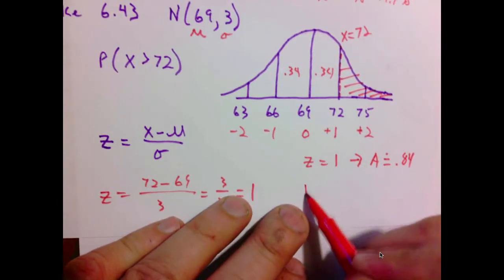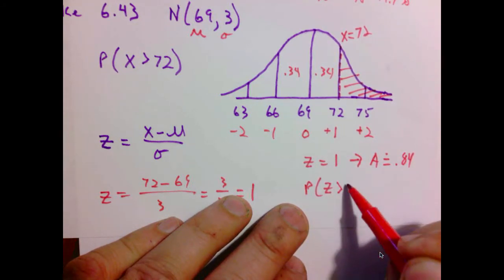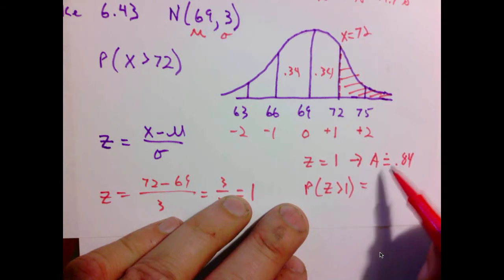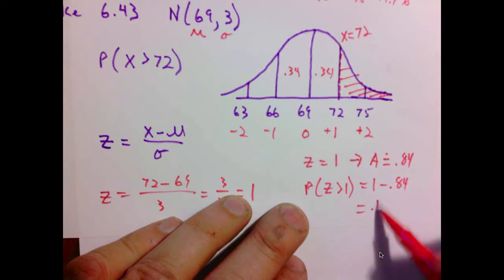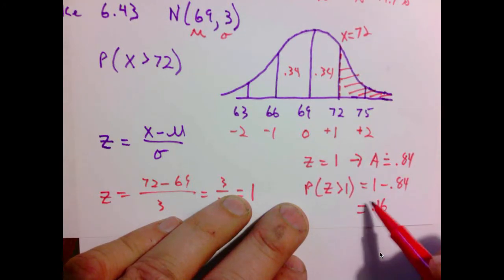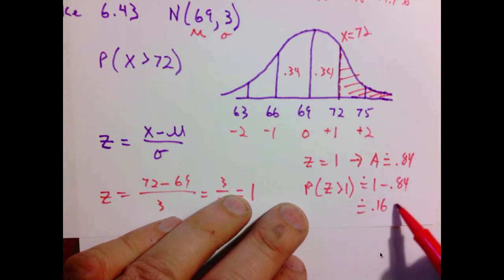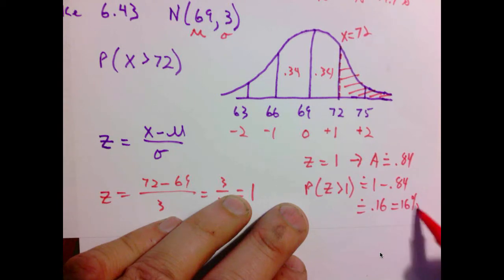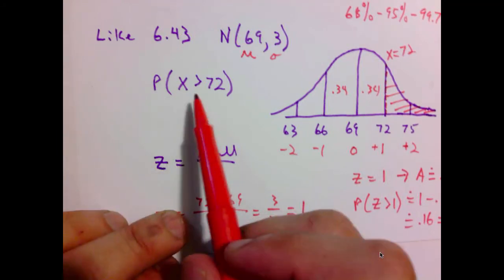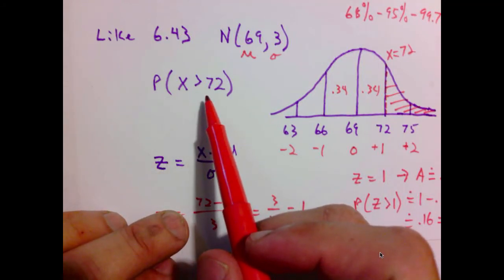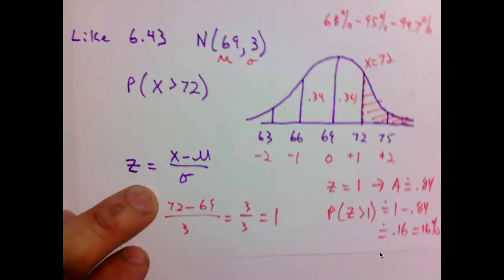Thus, the probability that Z would be greater than 1 equals 1 minus 0.84, which is approximately 0.16, or 16%. So the chance of finding a man that is 72 inches, that is 6 foot tall or taller, is approximately 16% if men are normally distributed in this fashion.